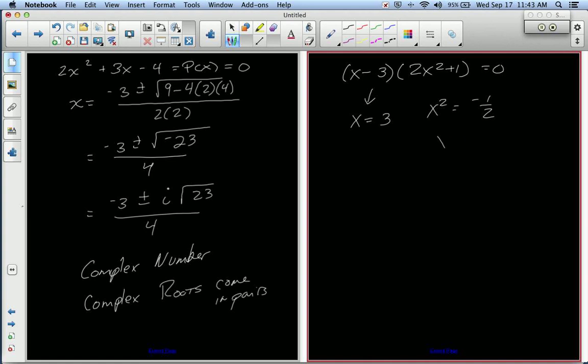Your next step is to take the square root. And whenever you take a square root, you got to write plus or minus. Okay, so again, it came in a pair because it has a plus version and a minus version. Okay, so not only do complex roots come in pairs, but they come in conjugate pairs.